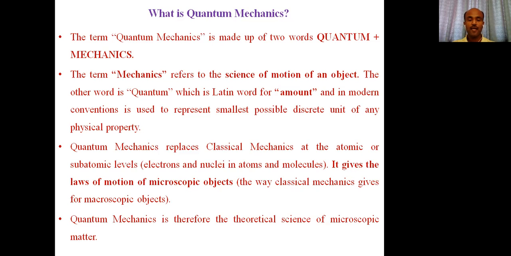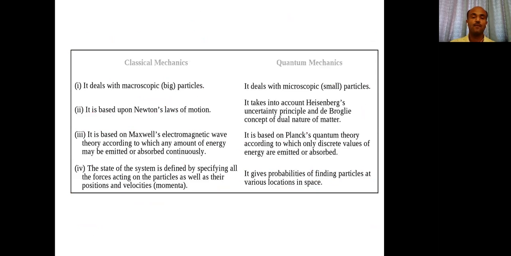So quantum mechanics replaces classical mechanics at the atomic or subatomic level. It gives the laws of motion of microscopic objects, similar to the laws given by classical mechanics. So quantum mechanics is therefore the theoretical science of microscopic matter.